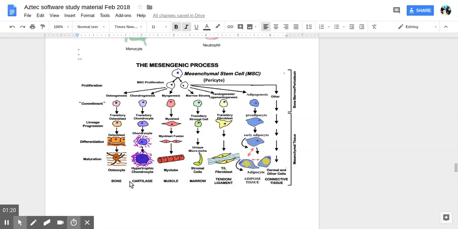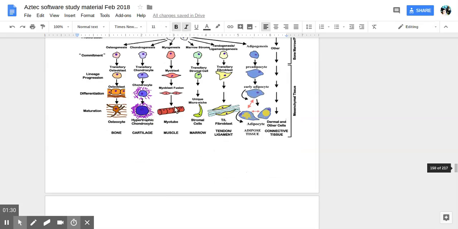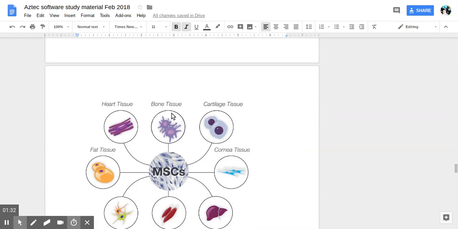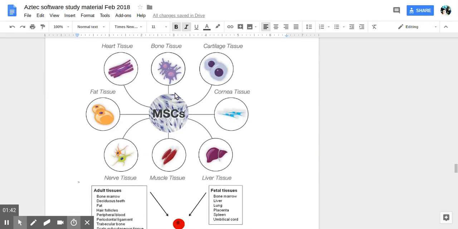That's how they look, in various tissues of the body. The cells and the tissues: heart tissue, fat tissue, nerve tissue, muscle tissue, liver tissue, cornea tissue, cartilage tissue, and bone tissue.